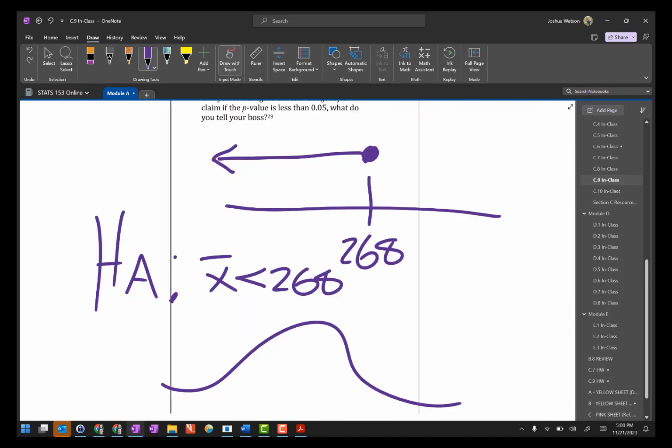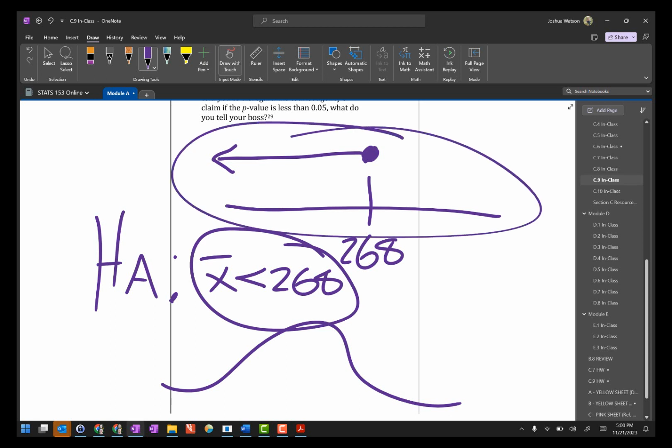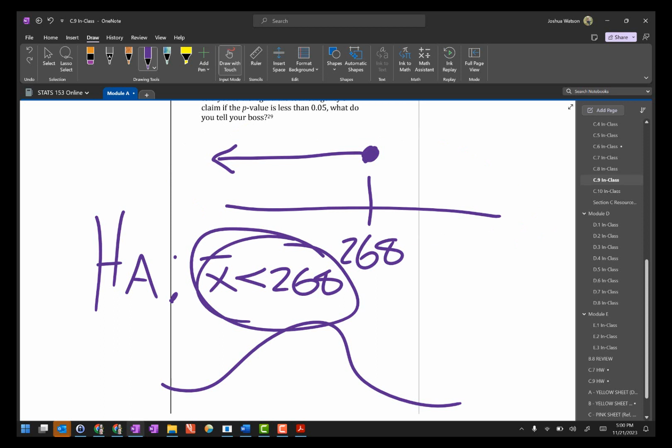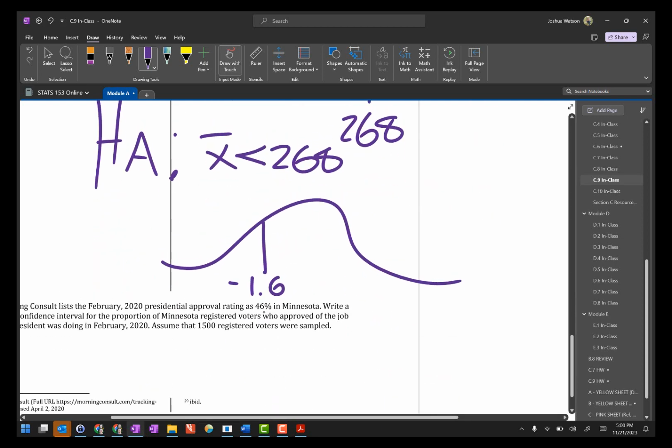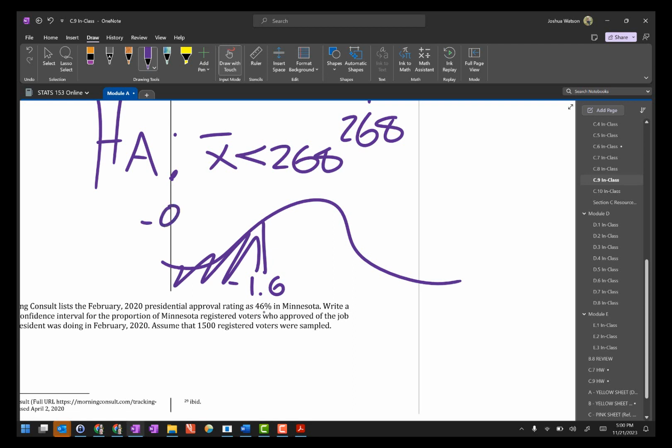And that t value is going to be tested with a one-tailed test to the left, just like on the number line, just like this verbiage said, less than. We know we're going to test to the left. So whatever our t value is, let's say it's negative 1.6. Not a great sketch, sorry about that. Negative 1.6. We're going to test to the left. So our TCDF would be negative infinity to negative 1.6, if that were the t value.